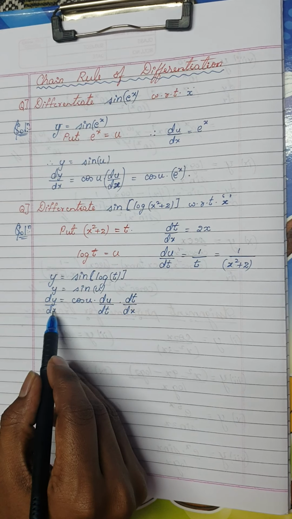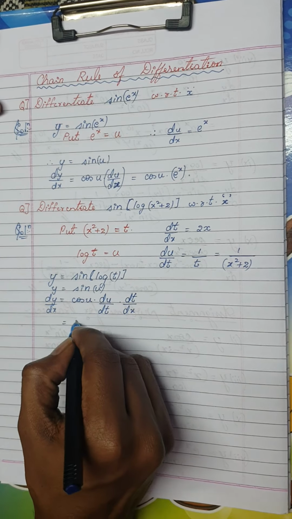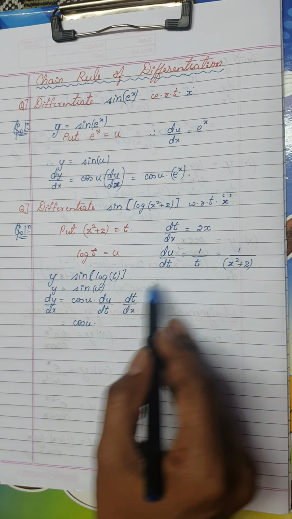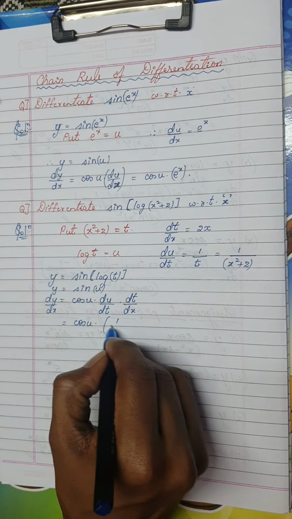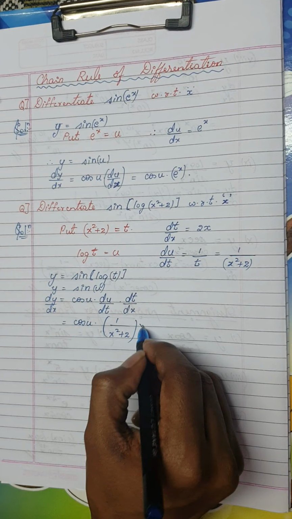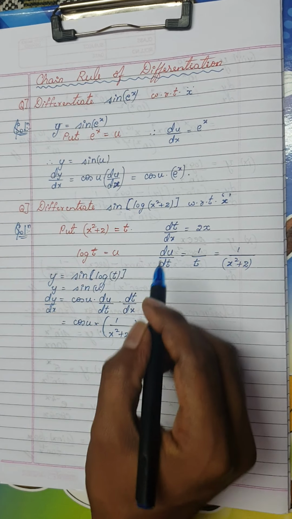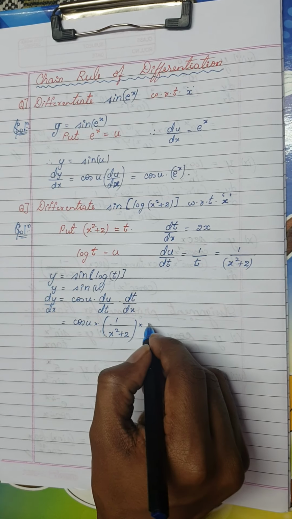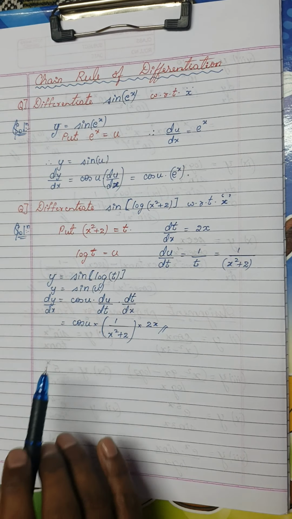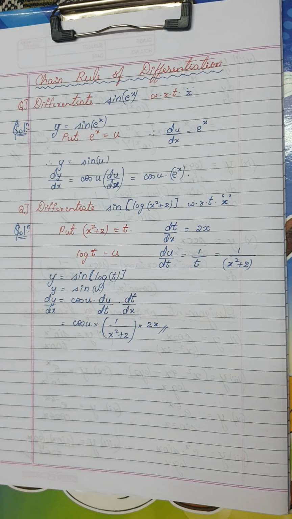This will be my dy by dx. So this is cos u into du by dt, which is 1 divided by x square plus 2, into dt by dx, which is 2x. So this is the derivative of this function.